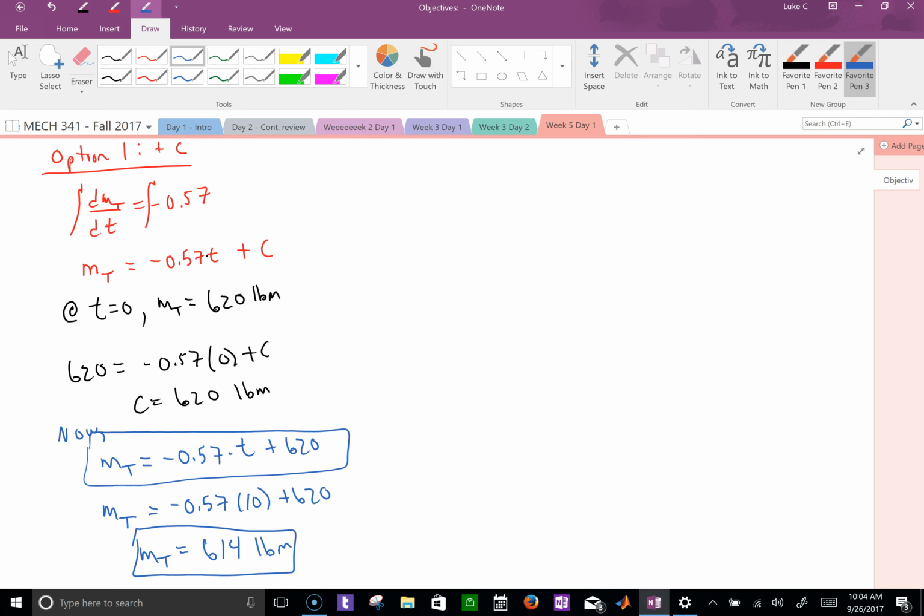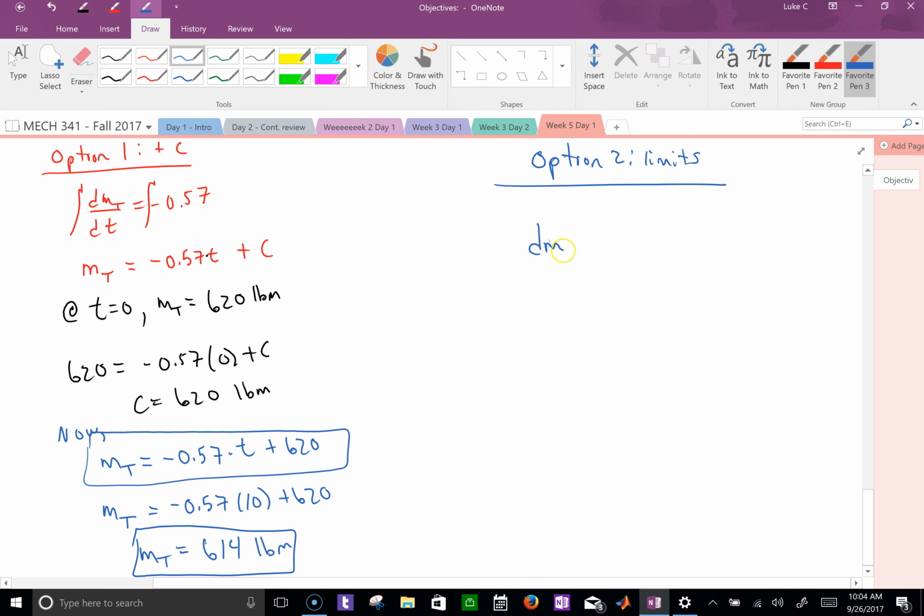You didn't need the C at all because you know that the change in the mass of the tank is negative 0.57 times the 9. So you can just take that and subtract it. You could do that too, yes. But we could do it nice and easy here because this is a power of 1. When it becomes a power of 2 or more, then you have to be very careful. So option 2 is we're actually going to put our limits on.